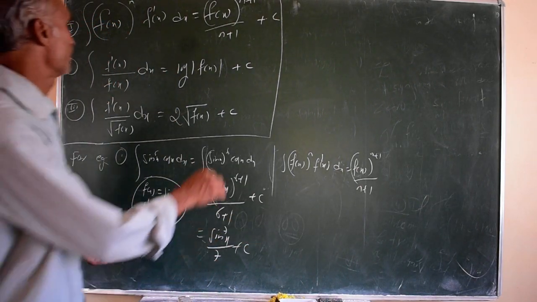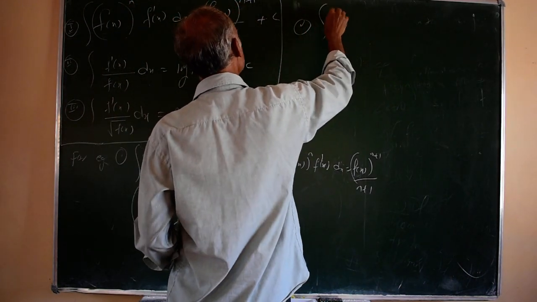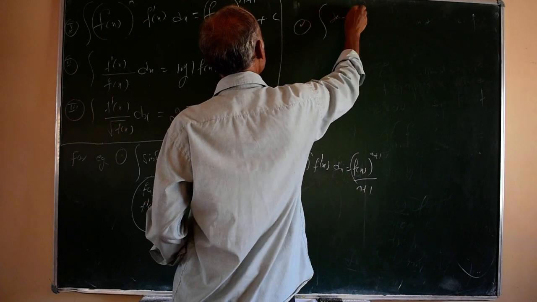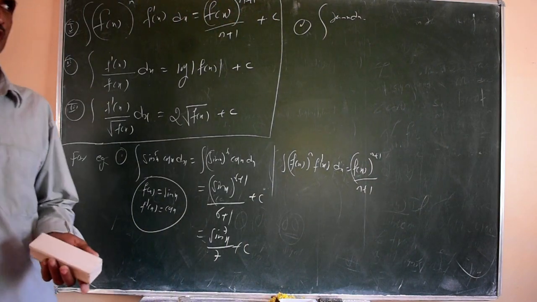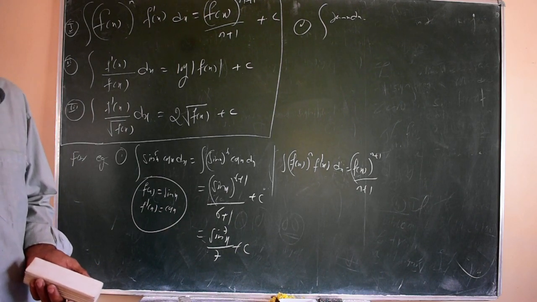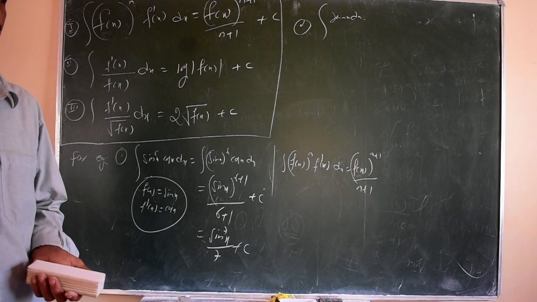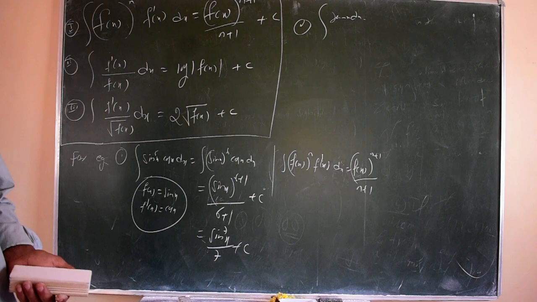Second one, integration of tan x dx. We know that the integration of tan x dx is log sec x or minus log cos x. Both the formulae were given in the beginning, but let us prove it.